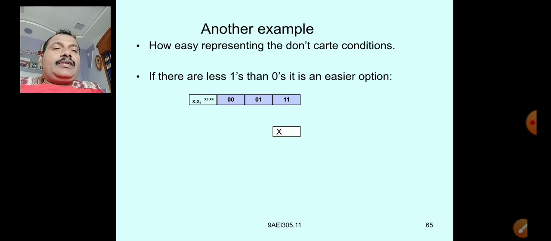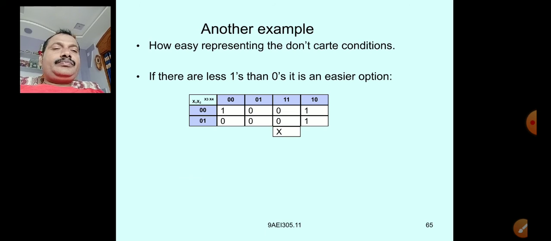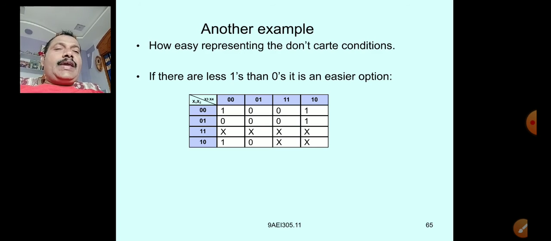Let us consider another example here. So this is the K map here, with four variables available to us, and the don't care conditions also filled in the respective cells.